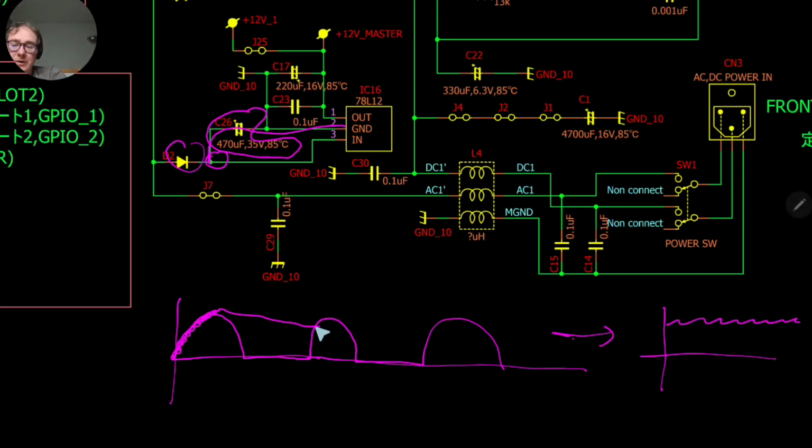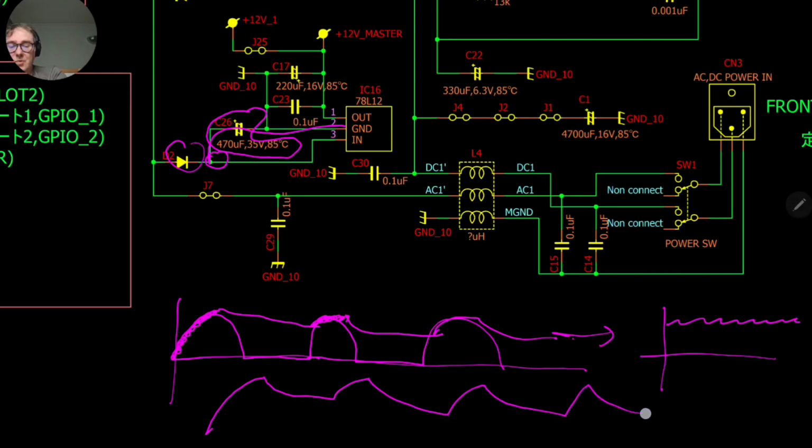Then when the tension is over this point, it will charge again, and then discharge like this. Then it charges, it discharges. So it will give us a shape like this, which is not a bad approximation of a DC signal. It has some ripple, but it's fine.